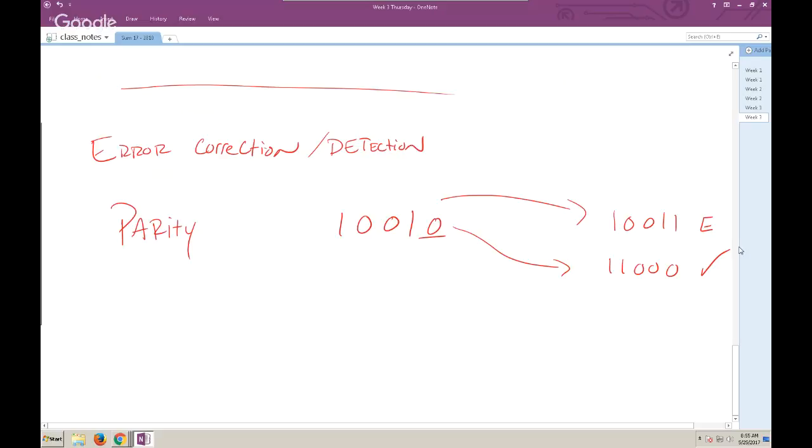Shoot. And therein comes the primary weakness of parity. Parity is capable of detecting single bit errors. Now there are some cases where you can create situations where other things will cause it, but we're looking at just detecting single bit errors.